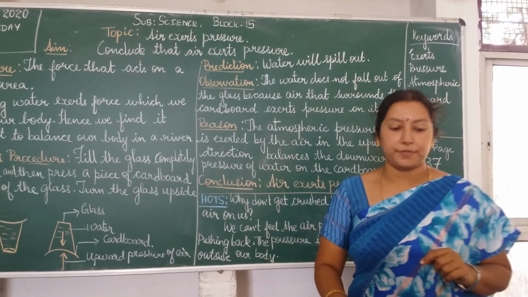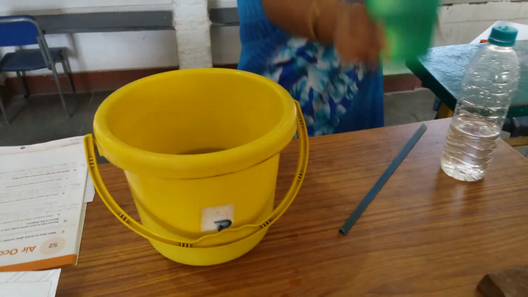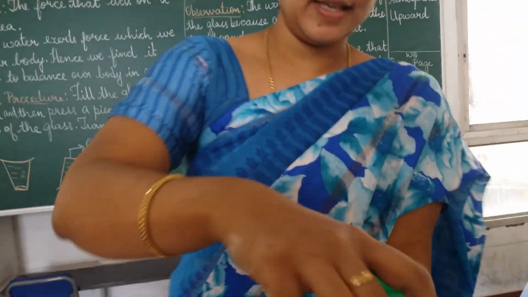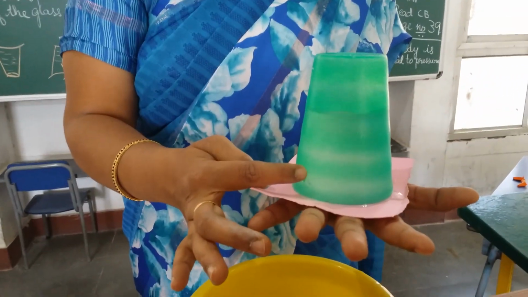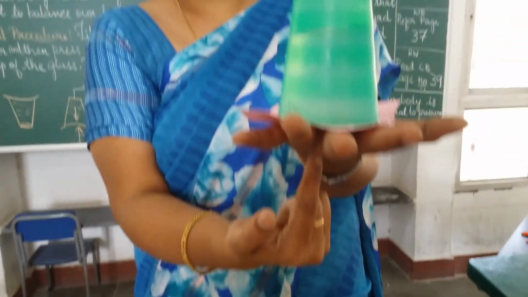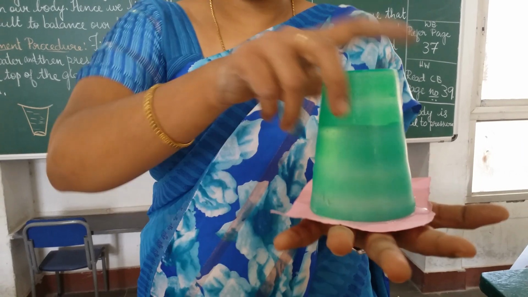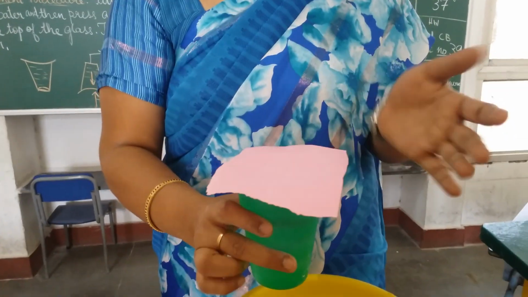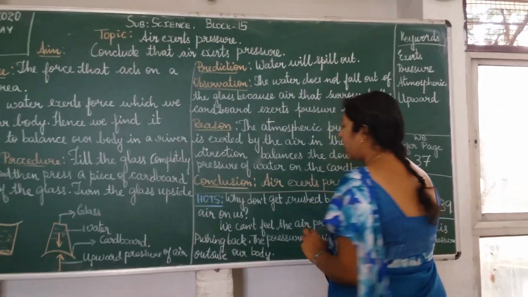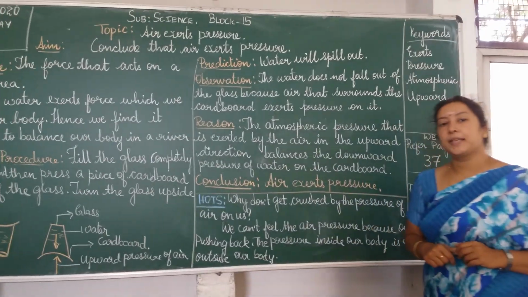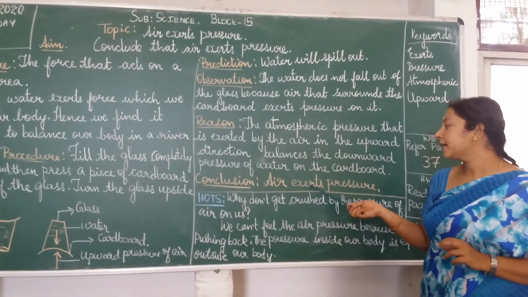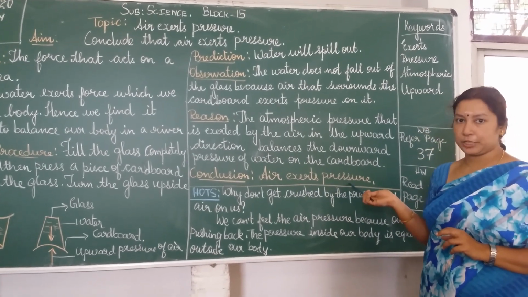So two pressures are acting. The pressure is acting from the downward direction and the pressure is acting from the upward direction. That is the reason why this cardboard did not open. You got it? So what can we conclude from this? We can conclude that air exerts pressure.